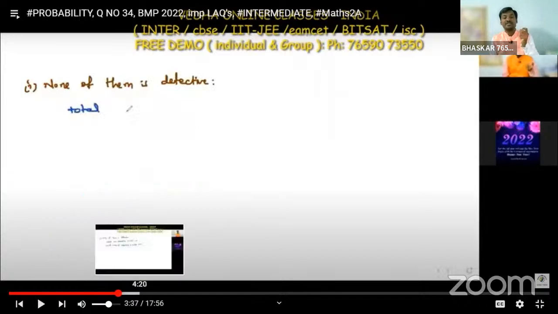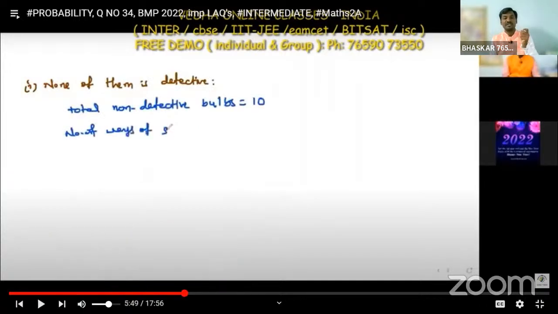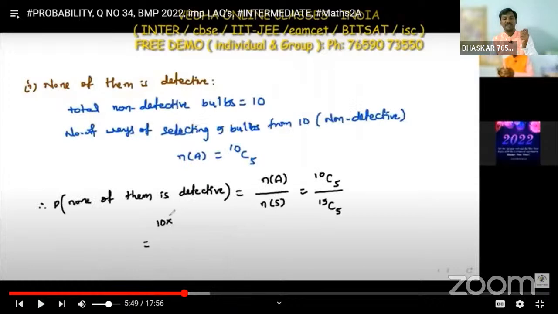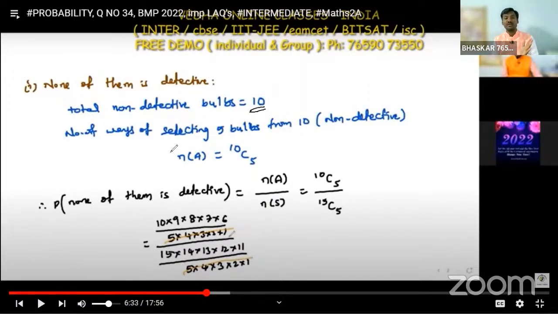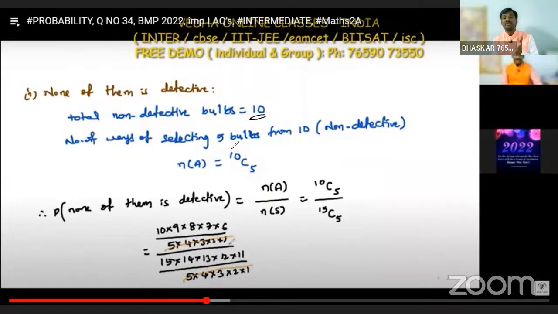What is the first question? None of them is defective. If none of the bulbs is defective, we want the non-defective or good bulbs. We have 10 non-defective bulbs. Total number of ways for selecting 5 bulbs from 10 non-defective bulbs; we don't want the other 5 defective bulbs.